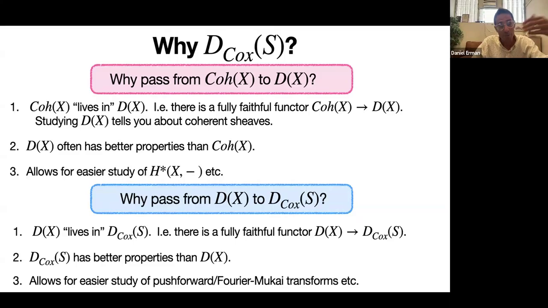So the top half of the slide we've seen before. The bottom half is new, but the Cox category has a faithful functor from each individual D of Xi. And so if we can prove things about the Cox category, those will imply things about the derived category on X, or by extension, the category of coherent sheaves on X.